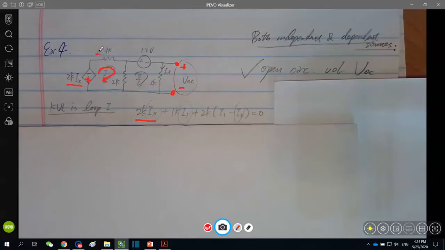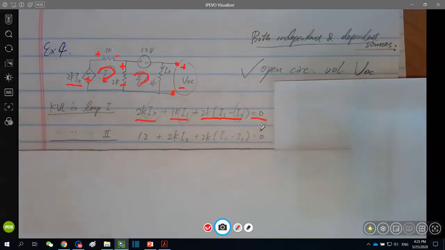Then plus the voltage across 1 kilo ohm introduced by mesh current I1. And then plus the voltage across 2K, introduced by mesh currents I1 and I2, so 2K times I1 minus I2, since I1 is downwards and I2 is upward through 2K. Sum them up equals 0.